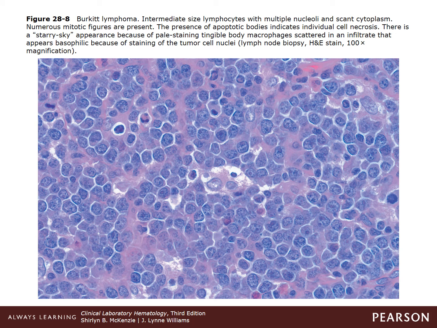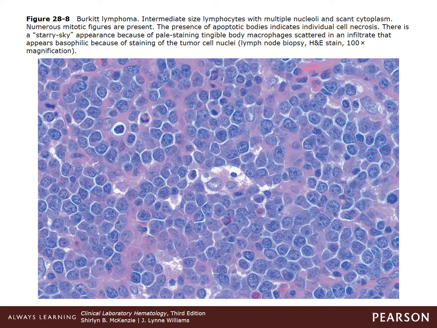Now here in this cross-section of a biopsy in Burkitt's lymphoma, they usually reveal a diffuse infiltration of these neoplastic cells that look like a starry sky appearance, and the sky represents the blue nucleoli of these neoplastic lymphocytes, and the stars are usually the scattered pale staining tingible body macrophages.